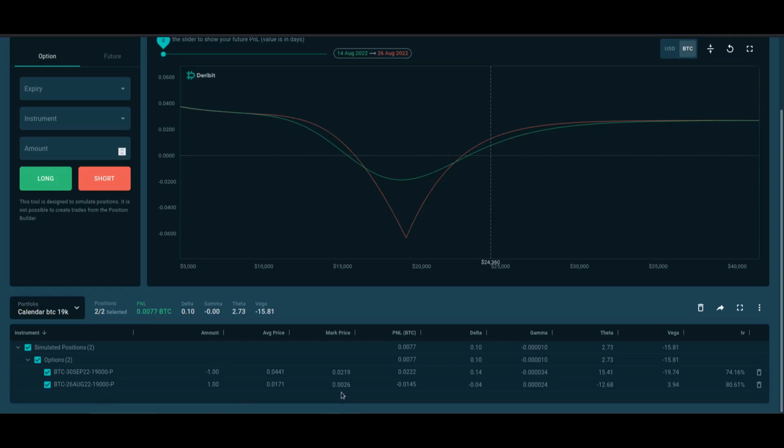It suggests that the underlying asset will cover more distance in the same time before expiration. So your hedge, your insurance, should cost more, and that is logical.